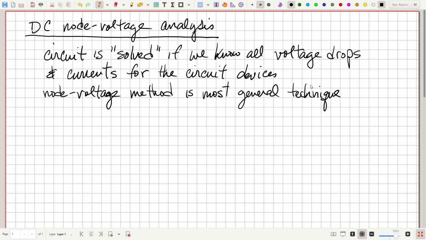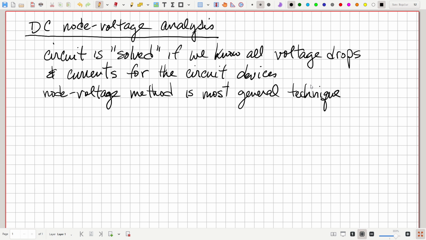We can solve any circuit using this method. Now, for simpler circuits, we may use one of the methods we've already studied, and those might be simpler, right? But we can always use the node voltage method. And for that reason, virtually every computer analysis tool for circuit analysis uses the node voltage method.